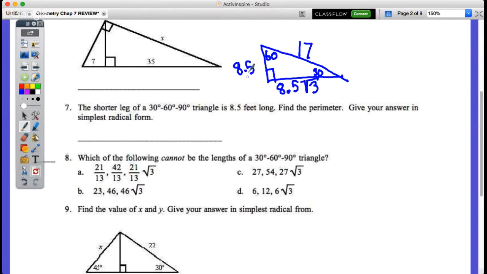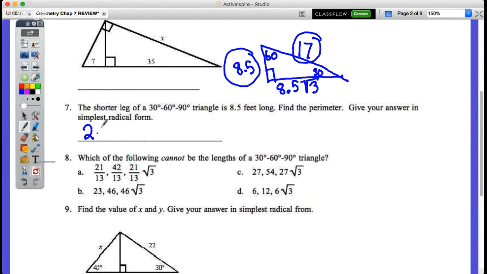You guys, simplest radical form, you can't add unlike terms. So you can't add 8.5 plus 8.5 radical 3 and get 17. No. Okay, so 8.5 plus 17, those are the same terms, right? They have no variable. What's 8.5 plus 17? 25.5.